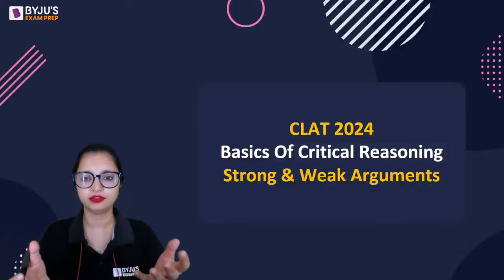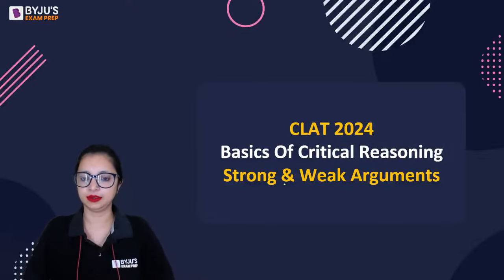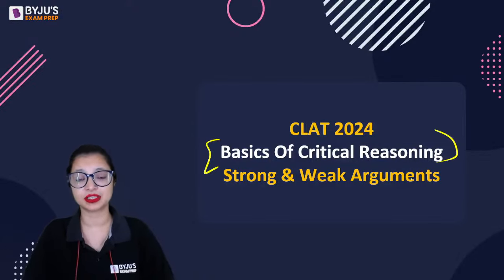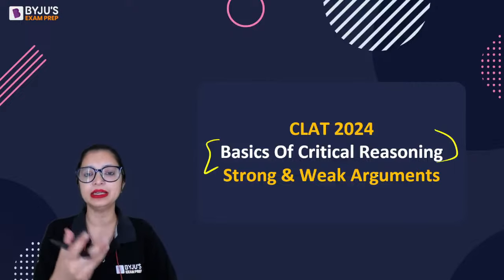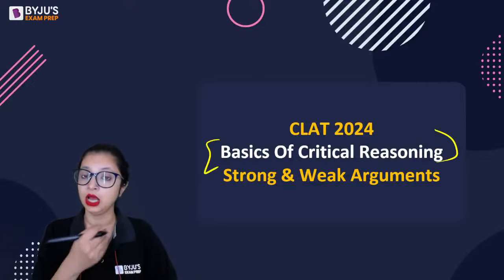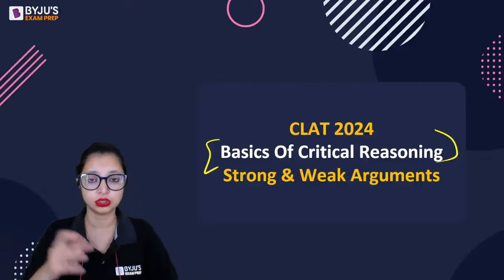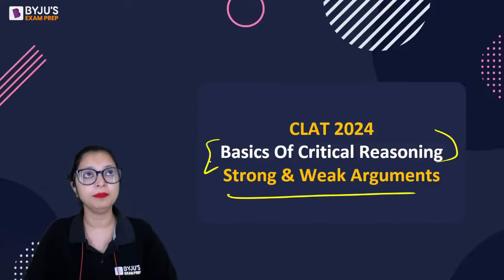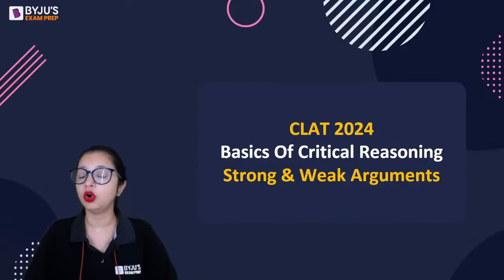So let's have a look at the agenda of the session today. Everyone who's joining me for the first time, let me tell you that we are in the midst of a series, the basics of critical reasoning, where we attempt at understanding the very basics of how to solve CR effectively. We've done almost 7-8 topics. This is going to be strong and weak arguments today. How frequently do we see them? How do we solve them?